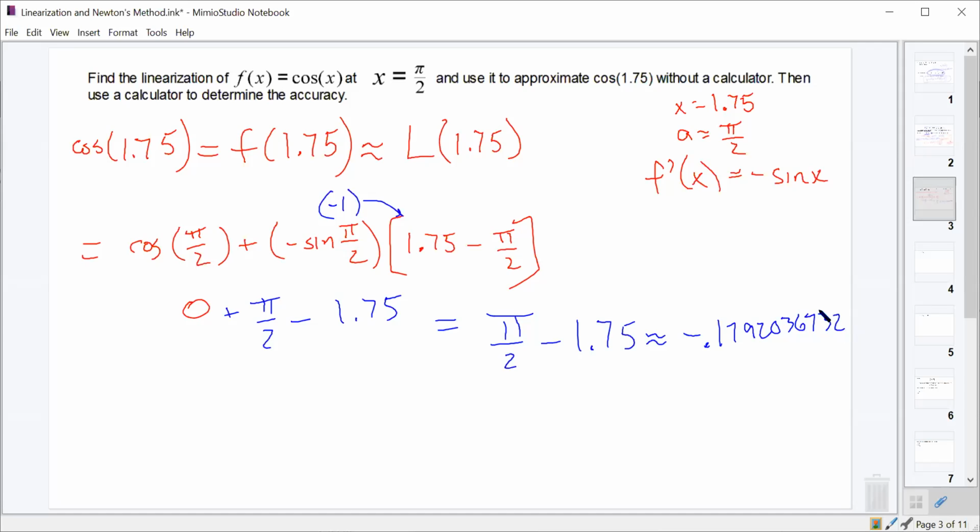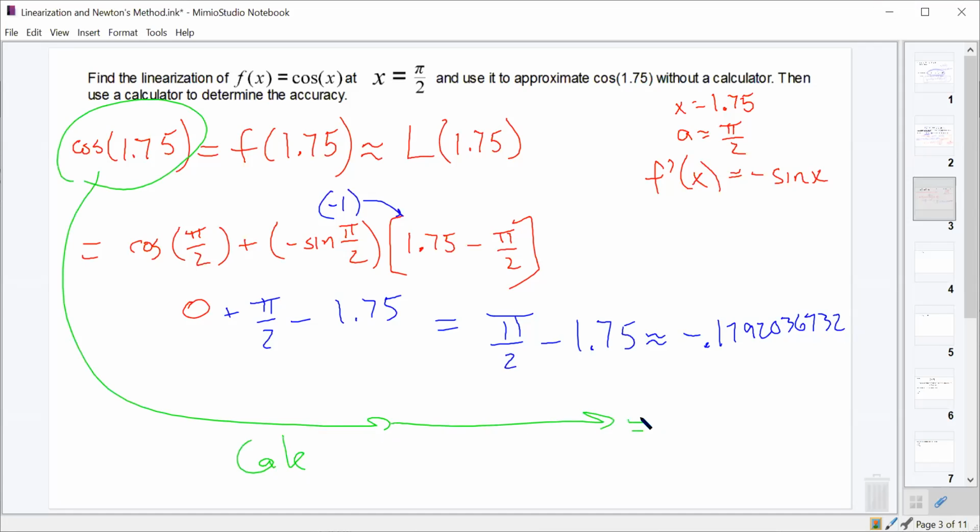And now tell me on your calculator what actually is this value for the cosine of 1.75, making sure that you're in radians. Negative 0.17824605556. Right. Which we can see is pretty darn close again, right? It's off by this time about 1/1000th, negative 0.179 to negative 0.178. It's a pretty darn good approximation. Wouldn't you say?